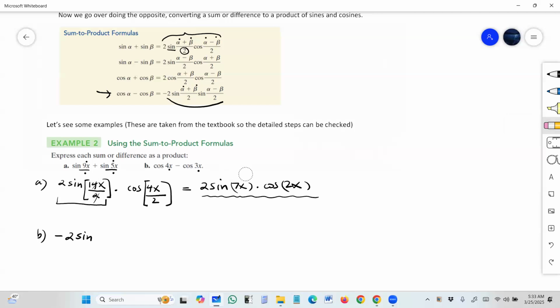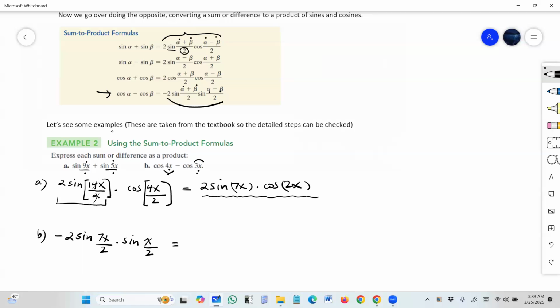Careful, I'm making a mistake here. So here is my alpha: 4x plus 3x, so 7x over 2, times sine of alpha minus beta, so 4x minus 3x, which is just x over 2.